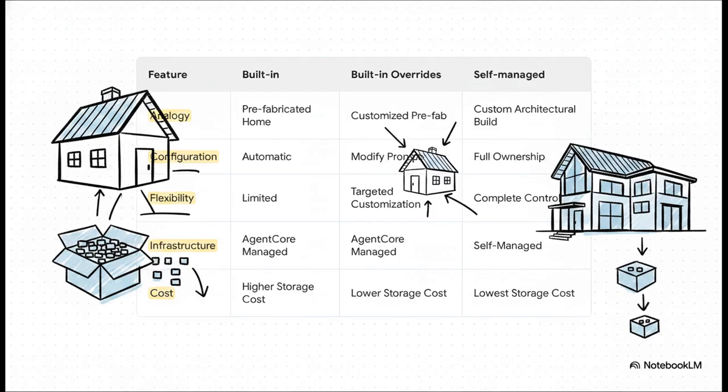This is like customizing that prefab home. You can start tweaking the prompts to fine-tune how it remembers things, which starts to lower your costs, but you're still living on AgentCore's managed infrastructure. And finally, all the way to the right, you've got self-managed. This is your full-blown custom architectural build. You have complete control, the lowest possible storage costs, but you're the one who has to manage all the infrastructure.